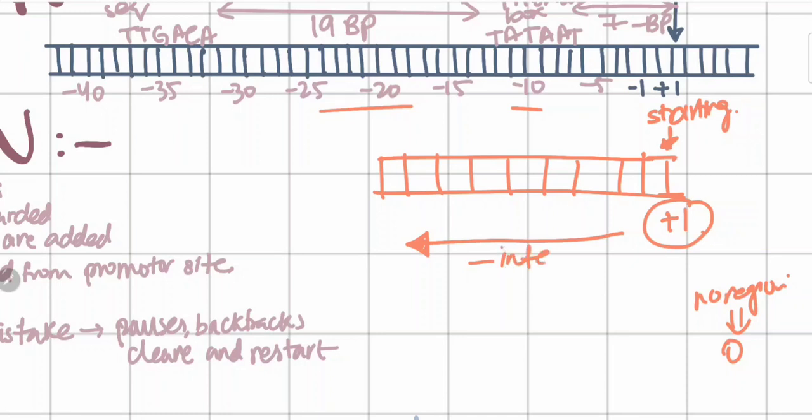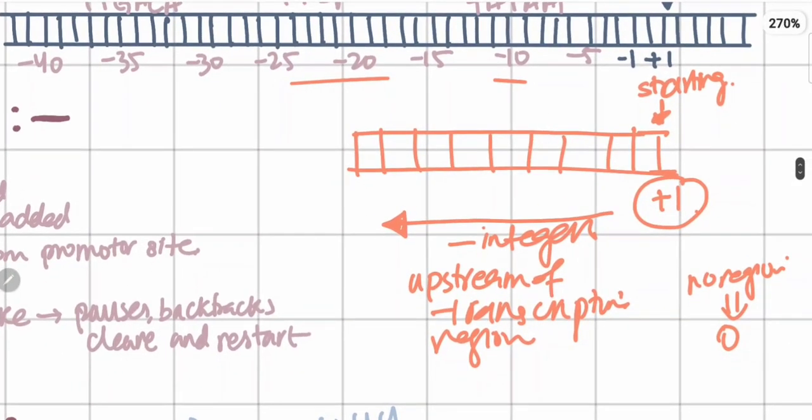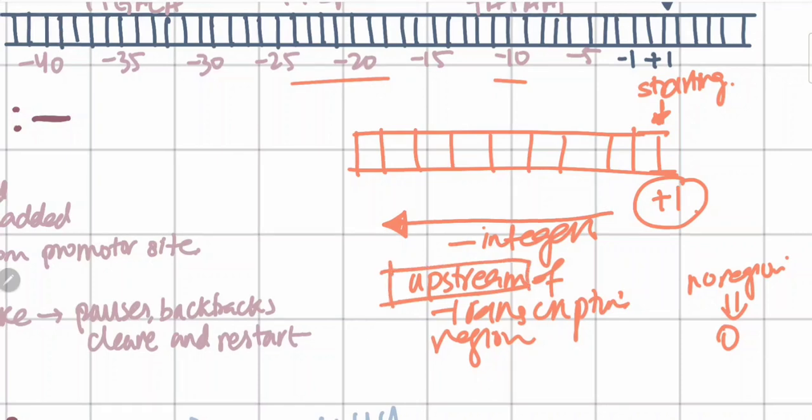All of these are going to be negative integers, and this is called upstream of the coding DNA, or the coding region, or the transcription region is a better word actually. Transcription region. That is important to know. All of those are going to be negative, and it's called upstream. Upstream, and it's going to come in later quite a lot.